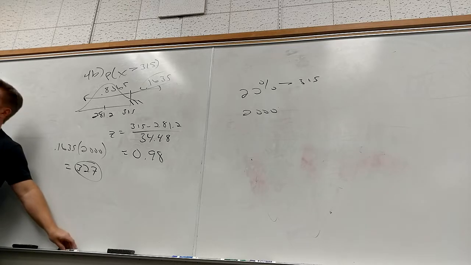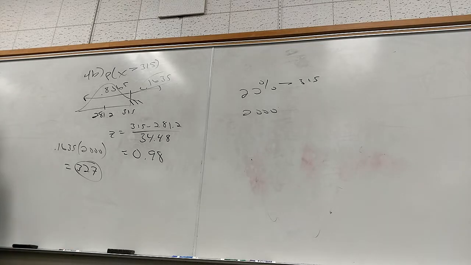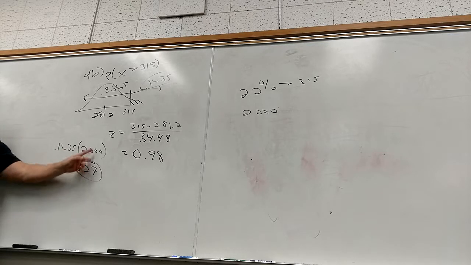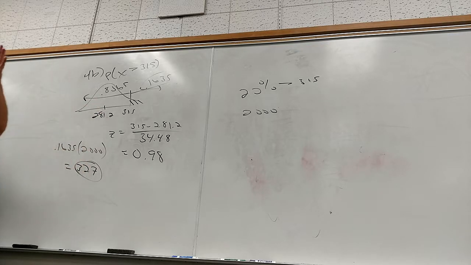Now watch. If there were 2,000 students applying to my school, and I required them to have above 315 on this test, how many students can I expect to make it into my school? About 327. You see how that's for planning purposes? I would do something very similar because at the school I worked at on the East Coast, I was the math placement director. I placed every freshman into the first math course.